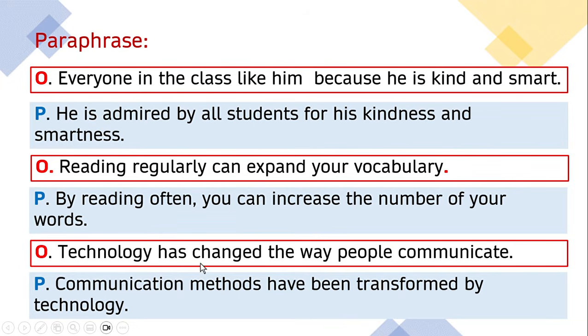So we change the active sentence into a passive sentence, and I also changed changed into transformed. So I use a synonym and a different grammar. So: communication methods have been transformed by technology. It's the same meaning and it is a well paraphrased sentence.